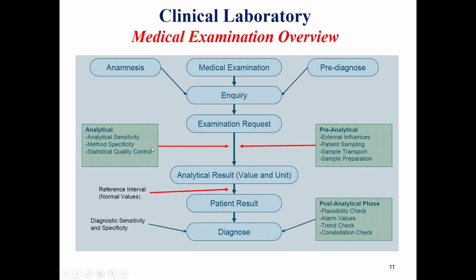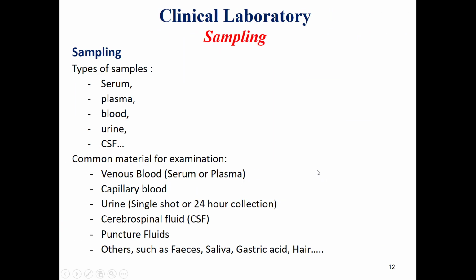In each part, we have different points which we should consider. As we said, regarding sampling, we have different types of samples which are analyzed by analyzers inside the laboratory: serum, plasma, blood, urine, cerebrospinal fluid, as well as other types of samples.